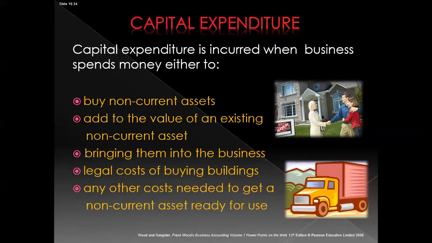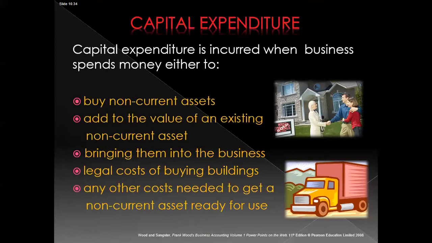Plus, to buy a house, the business would need to sign the sales and legal agreement drafted by the lawyer. So it involves legal costs. Those lawyer fees are also part of the capital expenditure. After the renovation is done, the business might need to bring in some furniture.